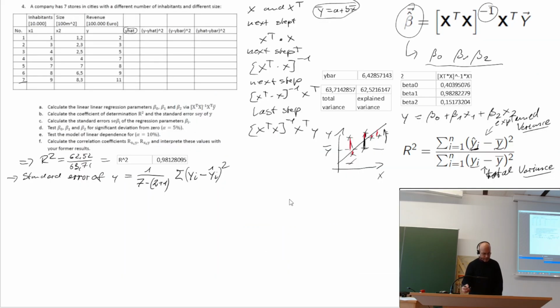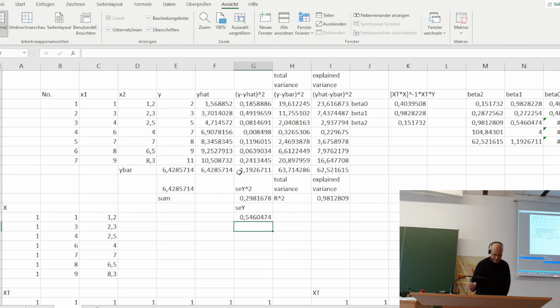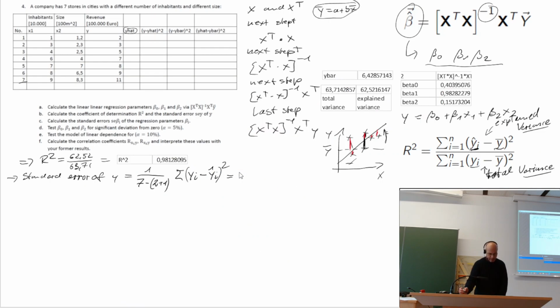So this is then 1.19, or I can also write it down since I have these two numbers here.